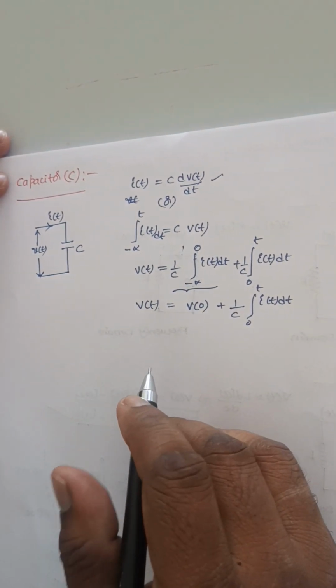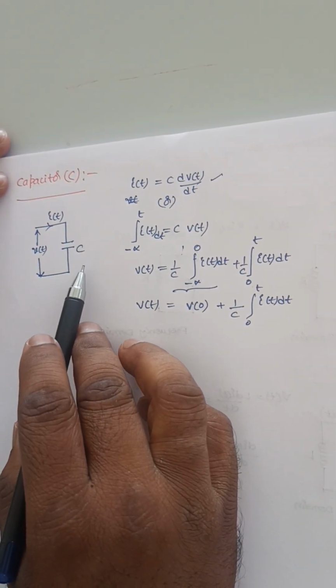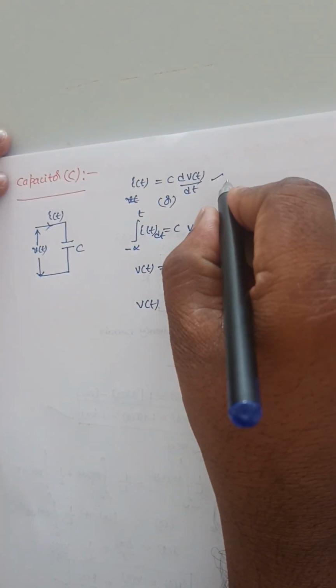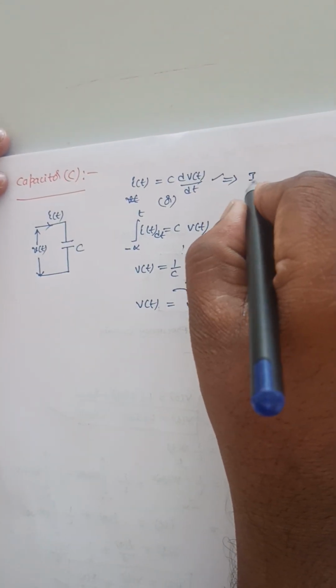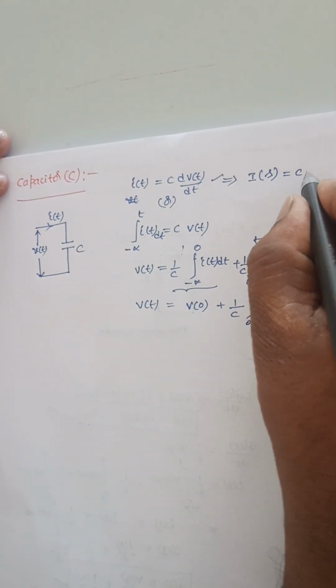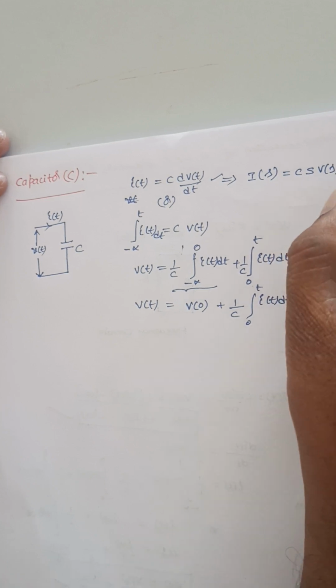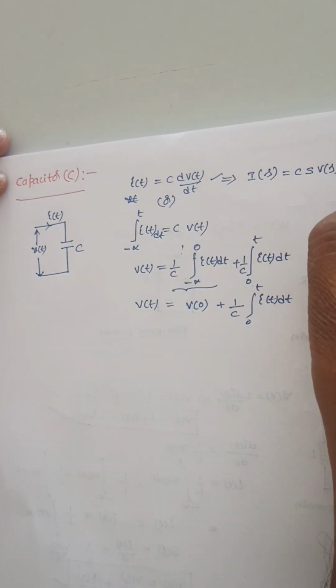Now if you want to represent the capacitor in the frequency domain, then I need to take the Laplace transforms for this. If I take the Laplace transform for I of t, it is I of s, that is equal to C into s into V of s minus C into V of 0.